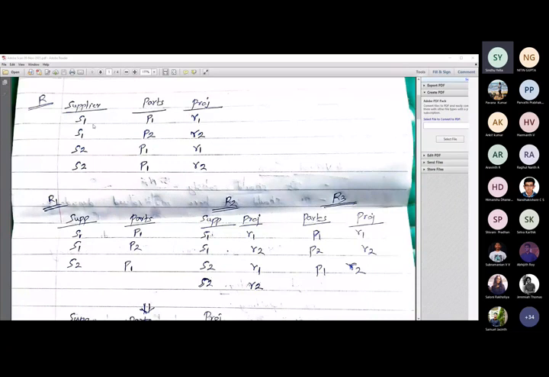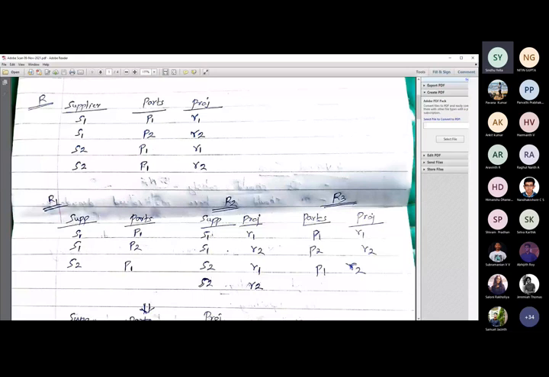So the first record denotes that the supplier S1 supplies part P1 for the project R1, right? And similarly, supplier S1 supplies a part P2 for a project R2. And similarly, supplier S2 supplies a part P1 for a project R1. And supplier S2 supplies a part P1 for a project R2, right?